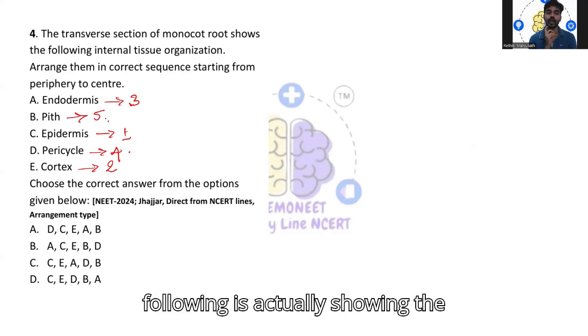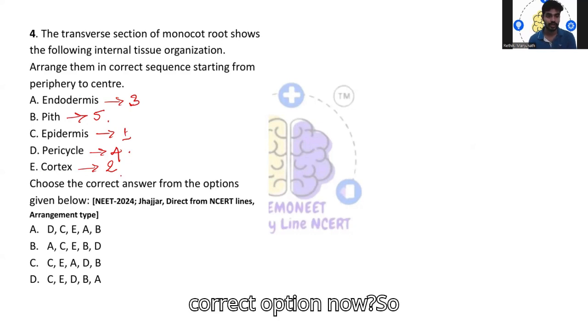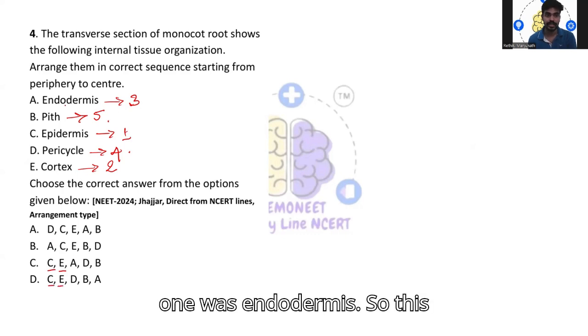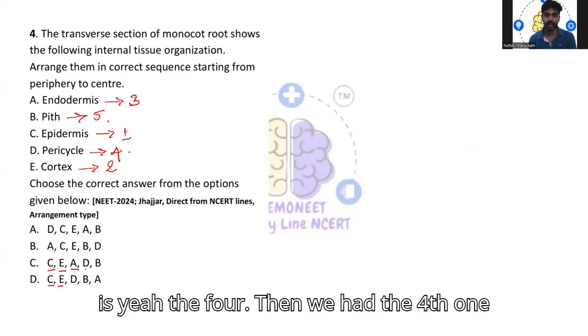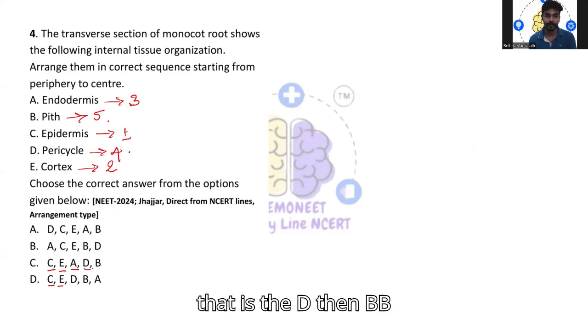Which of the following is showing the correct option now? So C, then we had E, C and E. Next one was endodermis. Then we had the fourth one, that is D. Then B is the pith region.